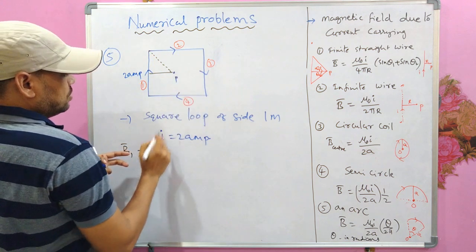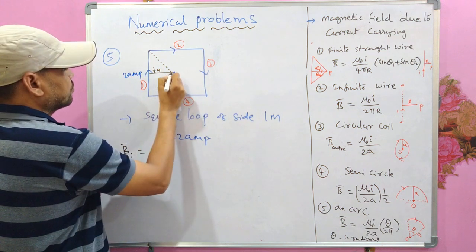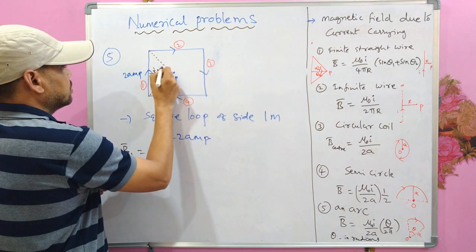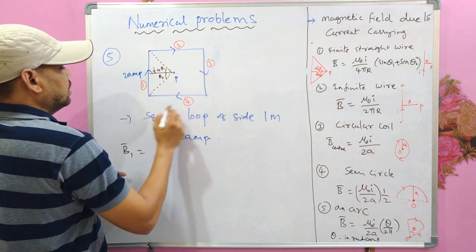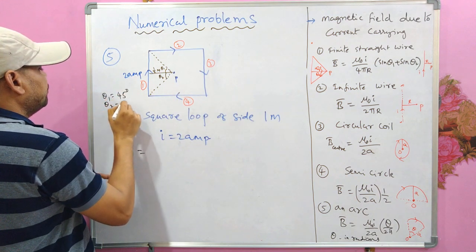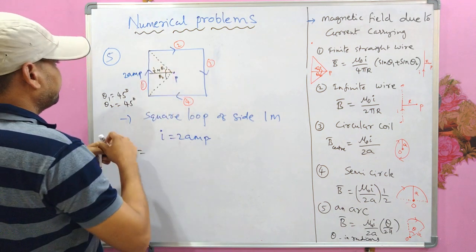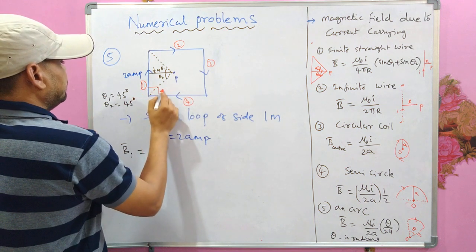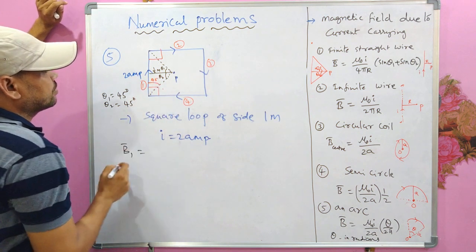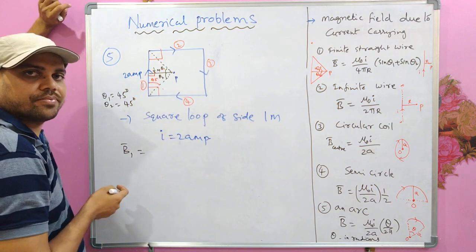Here, this is half meter. This is theta 1, this is theta 2. Here theta 1 will be 45 degrees, theta 2 will be 45 degrees, because this is 90, this is 90, this is 90, so 90 plus 45, the remaining will be 45.